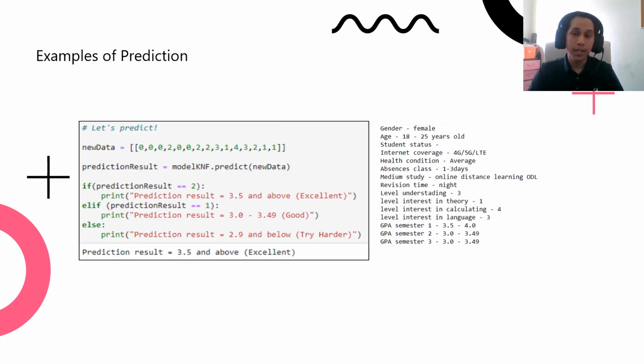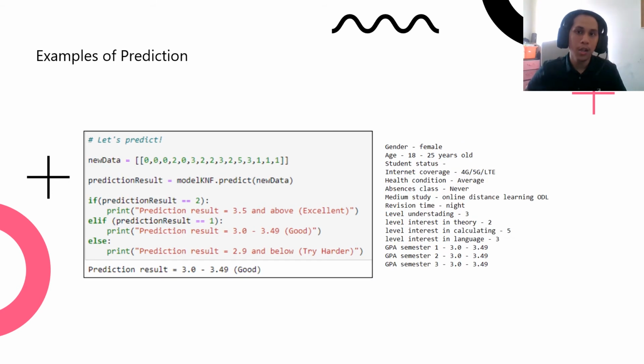As you can see on the right side, these are the 16 attributes that we input in our prediction model, and the result shows that the student will get 3.5 and above. Okay, this is the second example of our prediction.